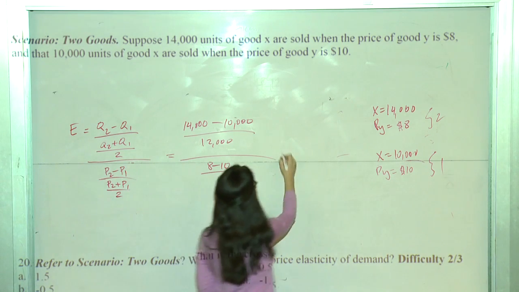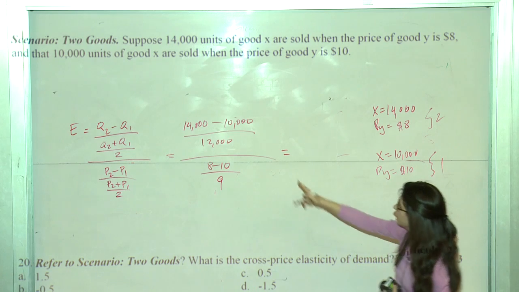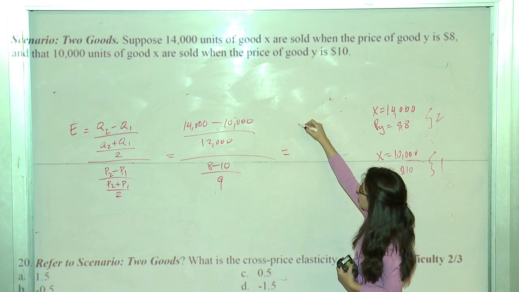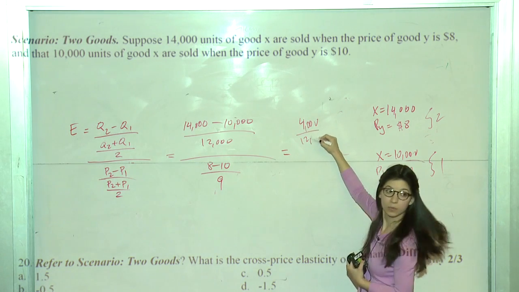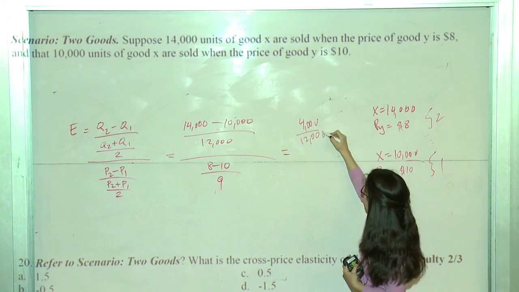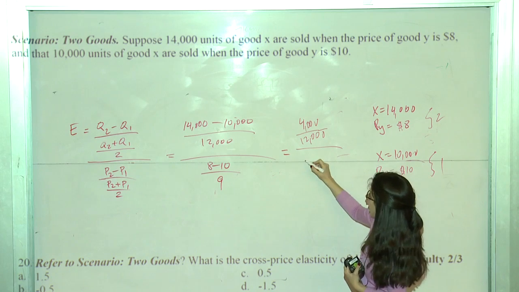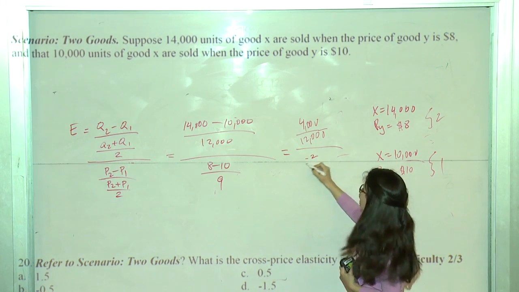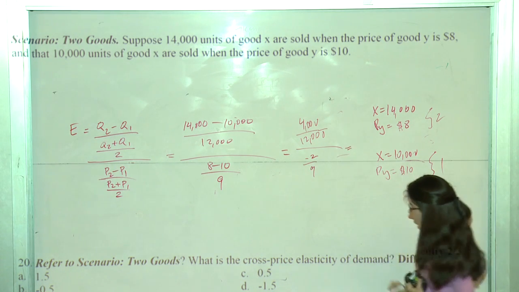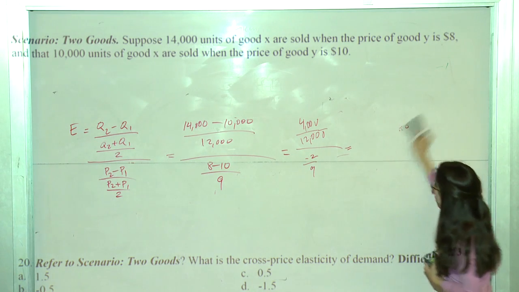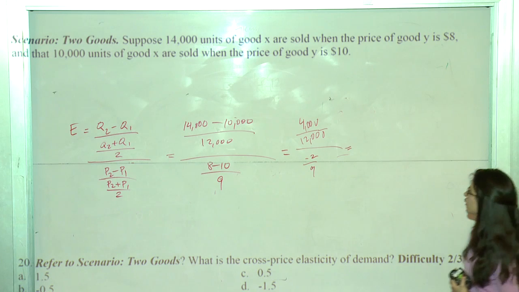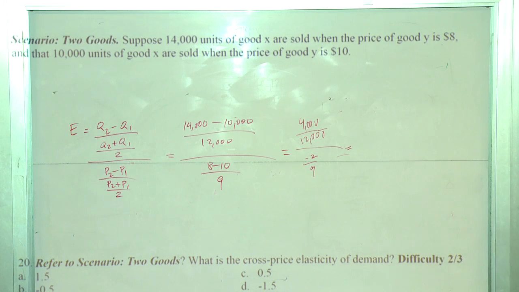Good. When we simplify this, what do we get? We get 4,000 divided by 12,000, which, yes, is a third, divided by minus 2 over 9. If you want, punch this into your calculator, or you could do it algebraically by hand.